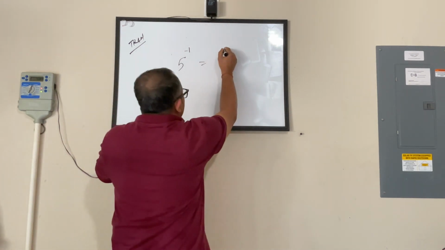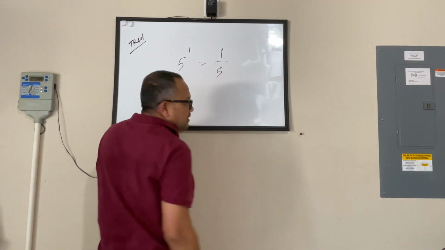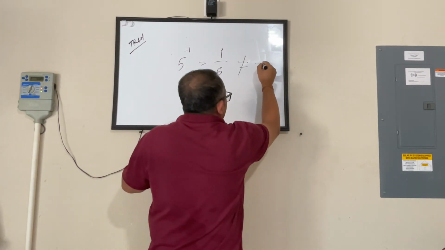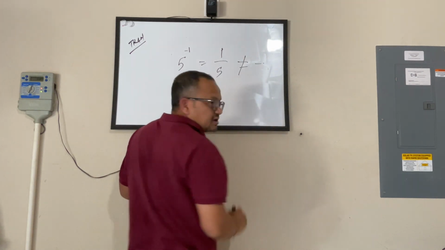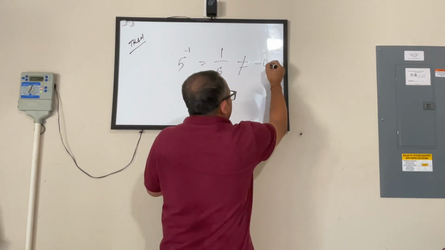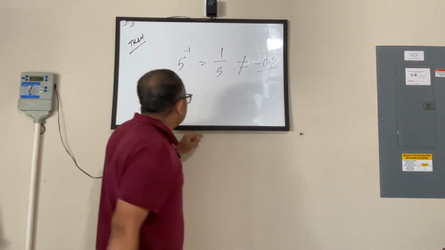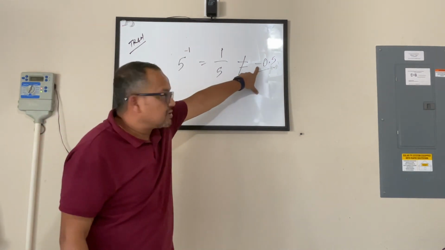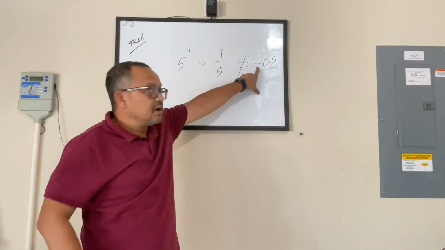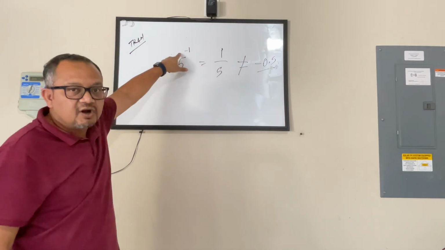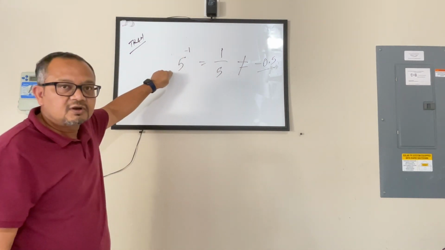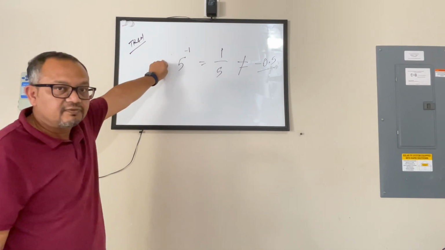Then also it will not become any number which is negative. So any positive number to any power cannot translate into a negative value. Even if the power is negative or positive, whatever it be, it will always be a positive number. That is why it's a situation of no solution.